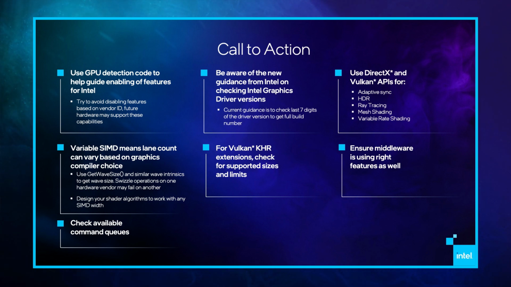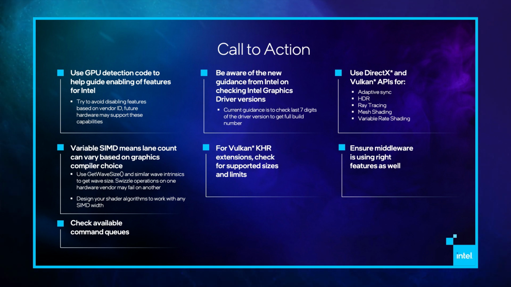If DirectX and Vulkan support a feature, it is best to use the DirectX 12 and Vulkan non-vendor-specific APIs and extensions for adaptive sync, HDR, ray tracing, mesh shading, and variable rate shading. The other thing to remember when developing for Intel is our variable SIMD size. Do not make assumptions about wave size, as this can lead to unexpected behavior between different hardware vendors.